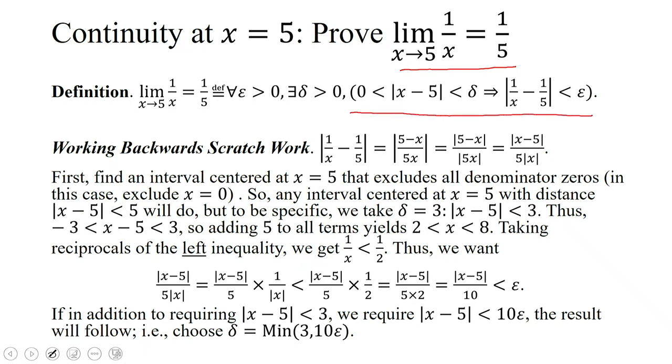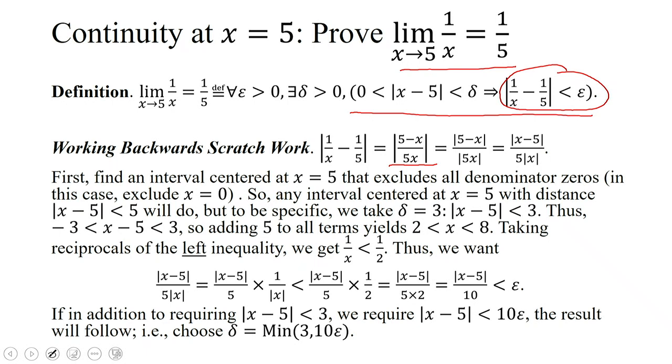And as we did before, in order to write a proof, we have to concentrate on the last part of the definition. So working backwards, we can write that 1 over x minus 1 over 5, if we put this all over a common denominator, we'll have 5x downstairs, and then upstairs is 5 minus x.